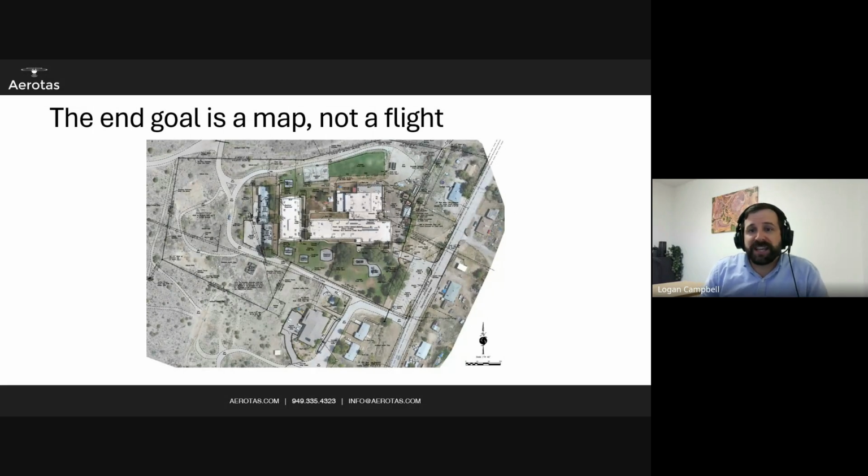The end goal is to get a map that is accurate, that is what the client needs, that is at an appropriate speed and an appropriate cost, and balancing all of those things. So that is the end goal. That is what we are laser focused on: how do we go from getting LiDAR data using this admittedly awesome technology to getting to a map.